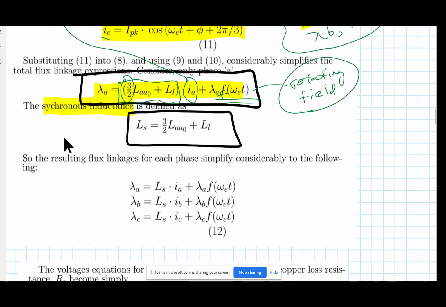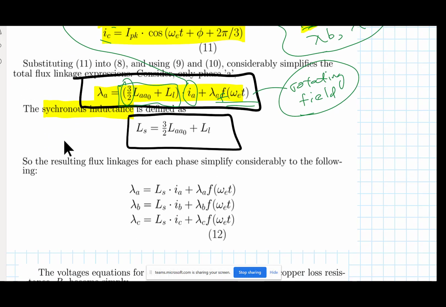And now you can express all three of these windings in a very, very simple expression: synchronous inductance times the current plus the mutual time-dependent flux linkage associated with the field.